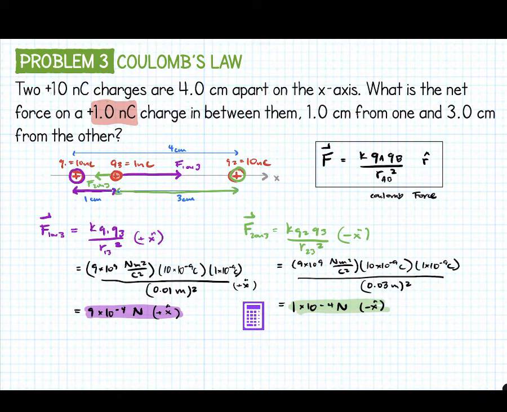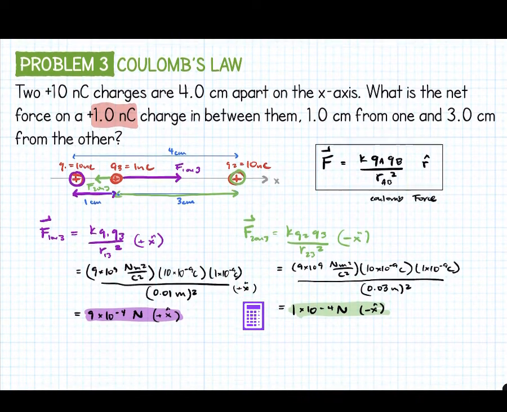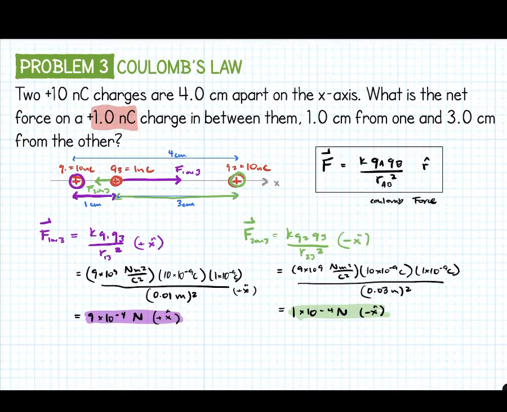Okay, and just like before, we want our F net, the net force on this 1 nanocoulomb charge, to be F1 on 3 plus F2 on 3, remembering all of these are vectors. So essentially we have 9 times 10 to the negative 4th newtons x hat, plus 1 times 10 to the negative 4th newtons negative x hat, so we can move the minus.